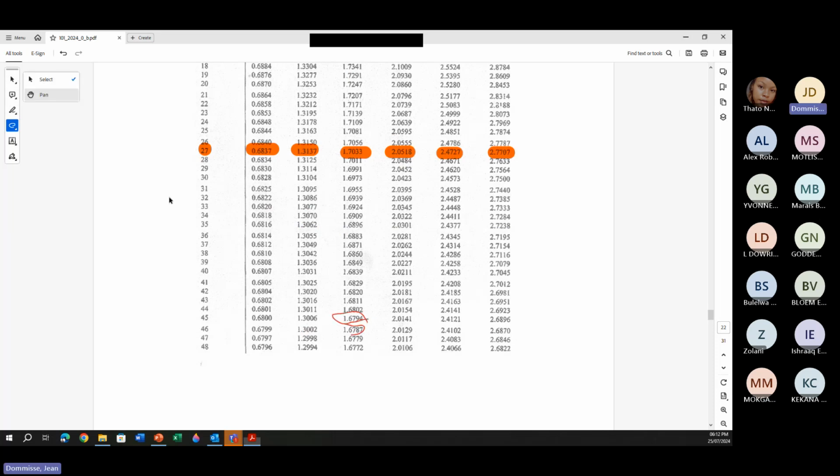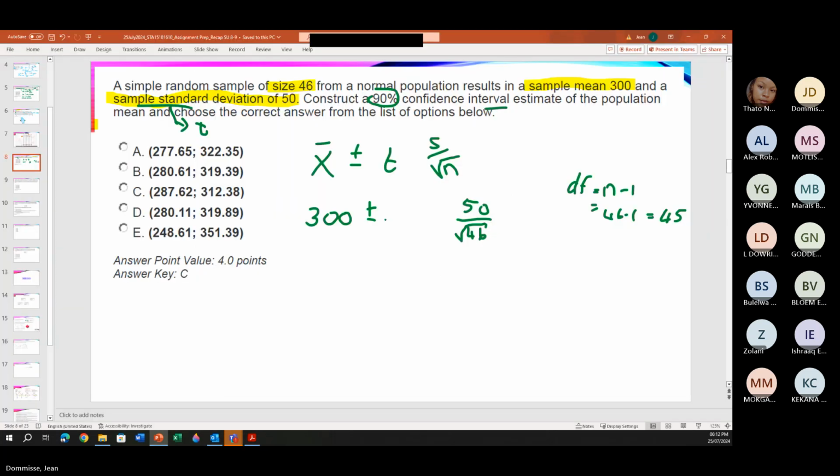Sorry, it was 45. I forgot. It is not n that we're looking at, we're looking at degrees of freedom. So it is 1.6794. Now you can see that if we use Z, we would have used 1.645, so very close to that.